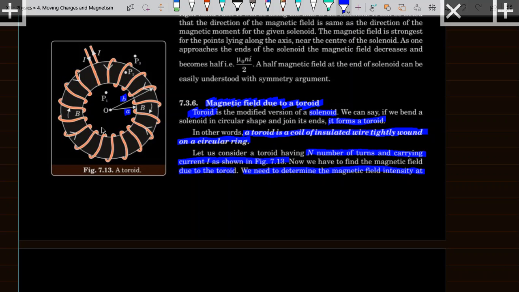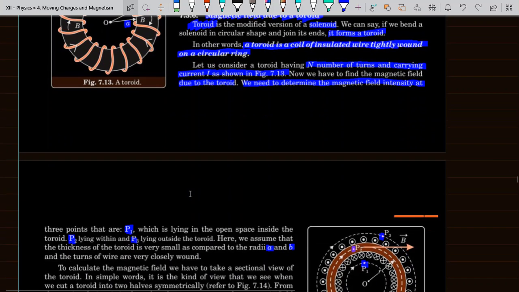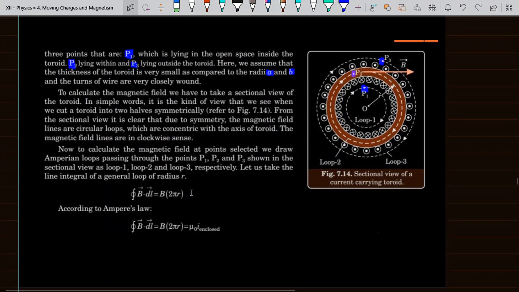That means B minus A is very small as compared to A or B. Means the toroid has large radii, inner and outer, and the thickness is very small as compared to the radii. And the turns of wire are very closely wound. So this is the assumption.